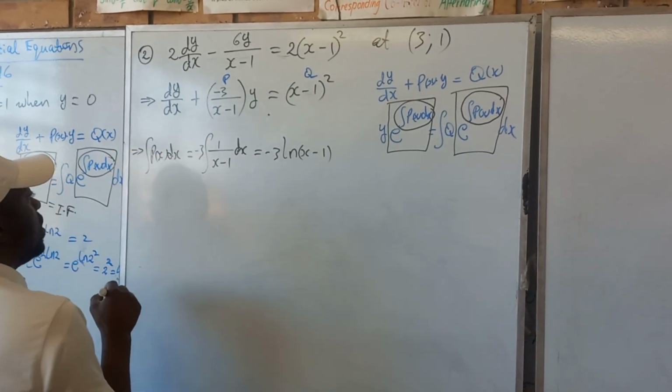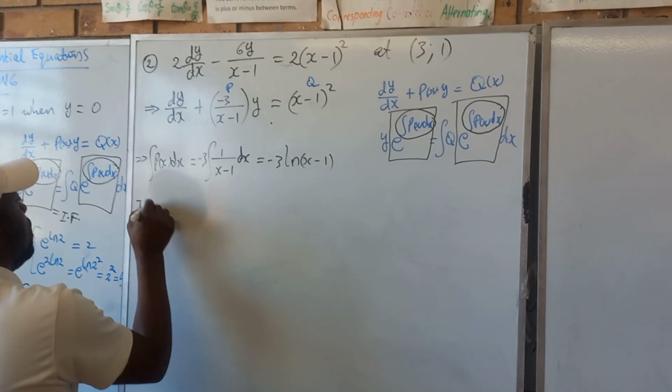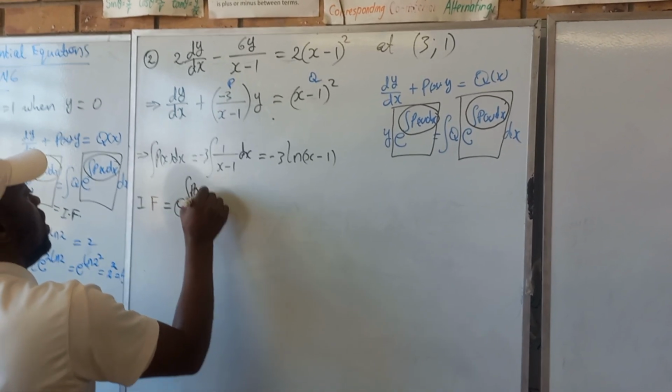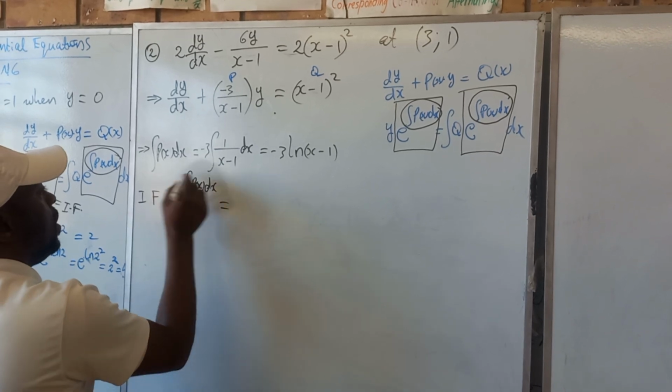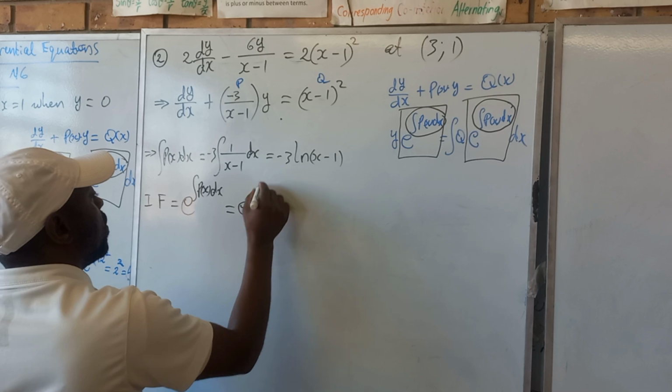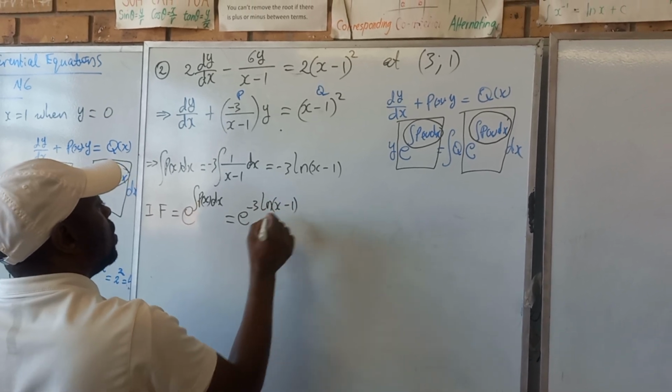That's my integrating factor. The definition of integrating factor is e to the power the integral of p dx. The integral of p dx, we've just done it. It's e to the power negative 3 ln x minus 1.